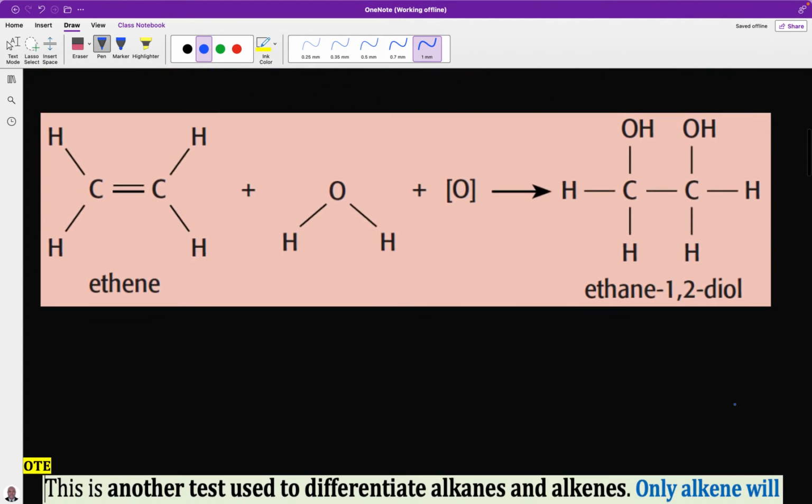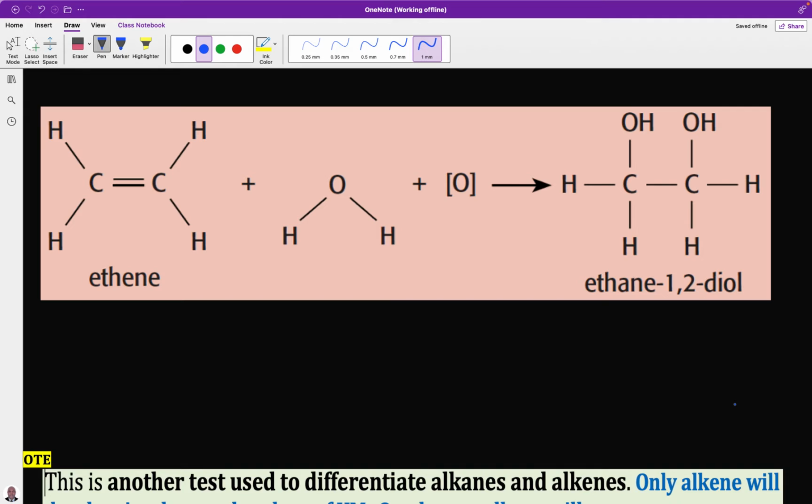You can see how the reaction takes place. When ethene reacts, you'll see that ethane 1,2-diol is formed. This is water.